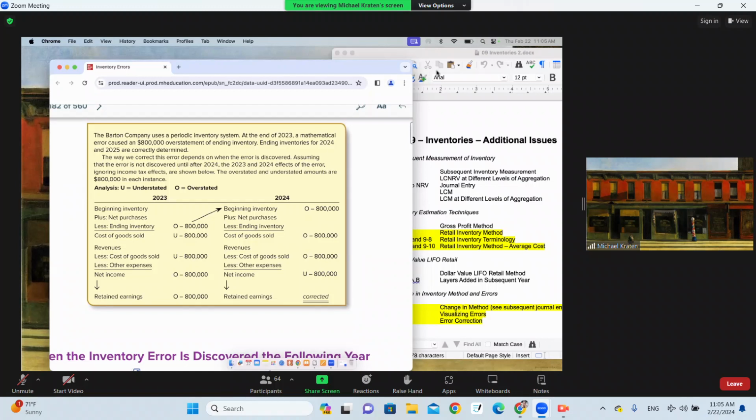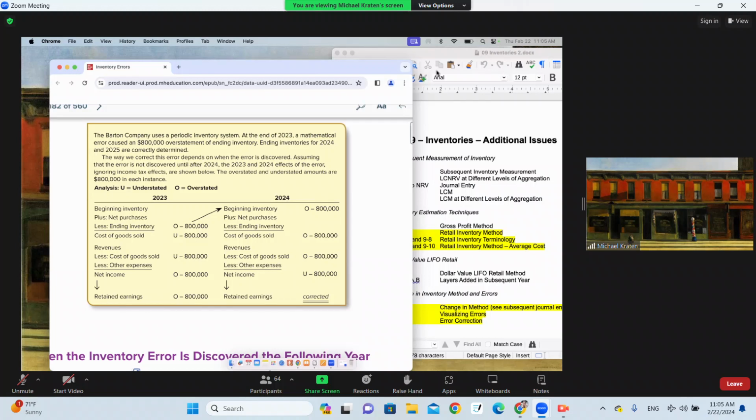Not every error like this, not every overstatement or understatement, is a timing difference. They don't all eventually balance out. And actually, most errors never balance out. But every once in a while, you find one that does.